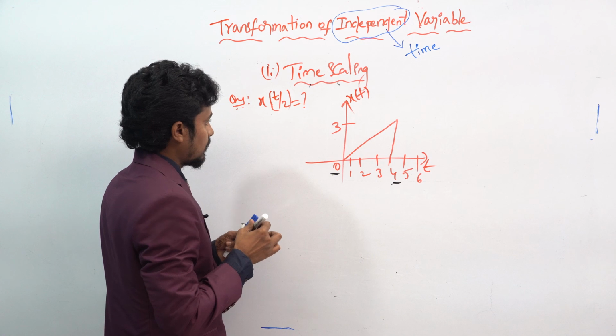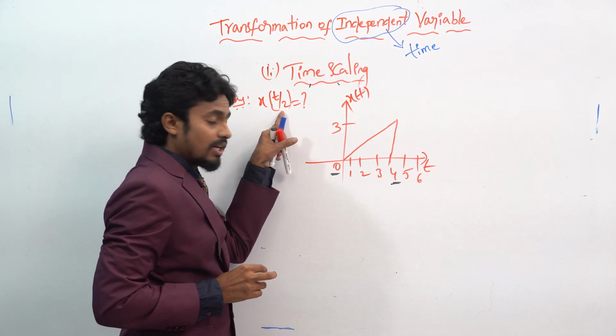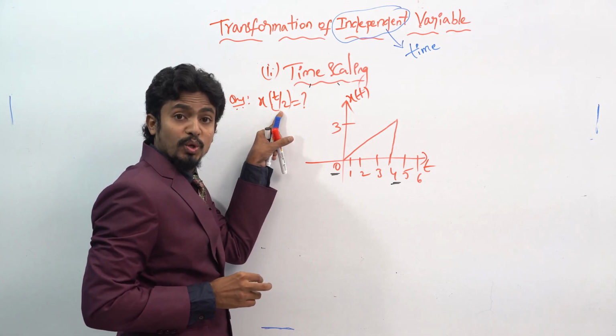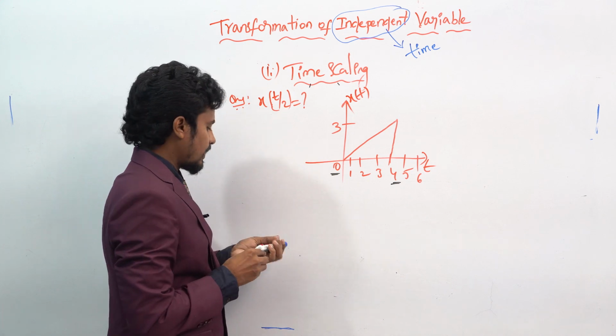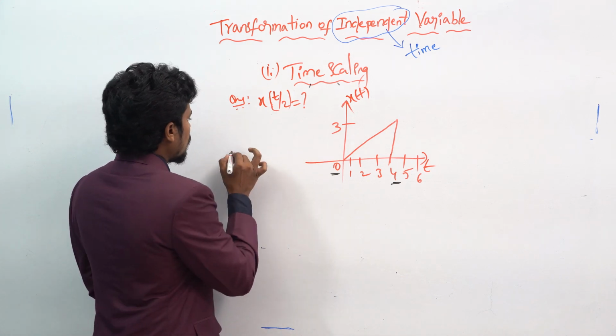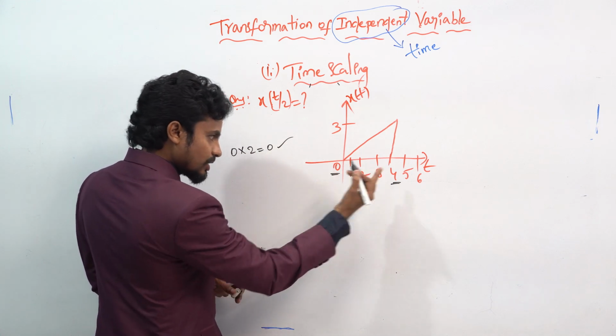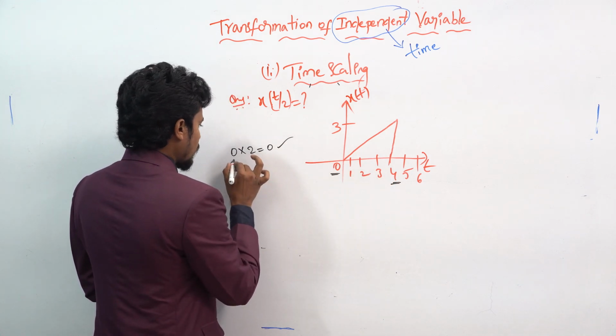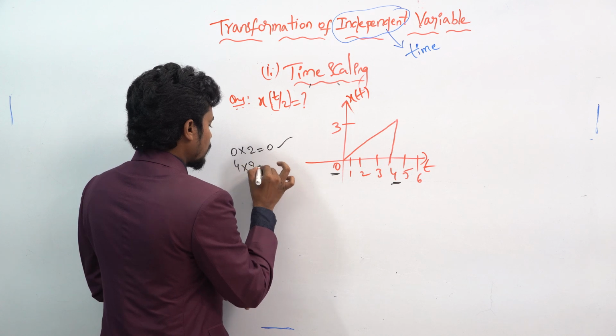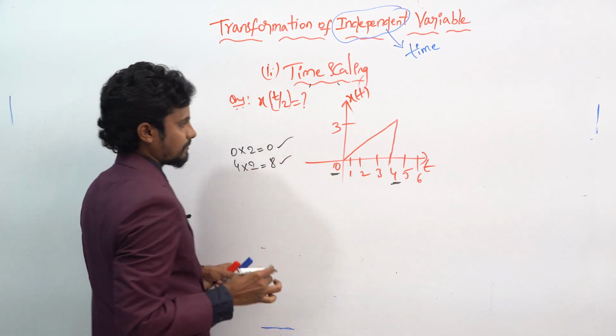If you see the division, what do you have to do? You have to do the multiplication, right? That means 0 into 2, that will be 0, and next this will be 4, right? 4 cross 2, that will be 8.